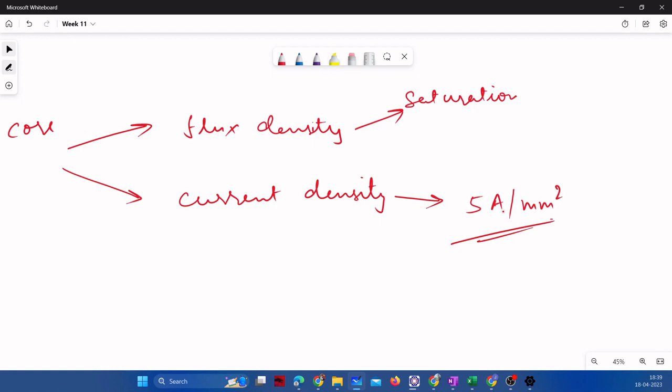It will also increase conduction or copper losses. And if you operate the core near saturation or beyond, then we have seen the BH curve: your B will increase very little compared to your H.